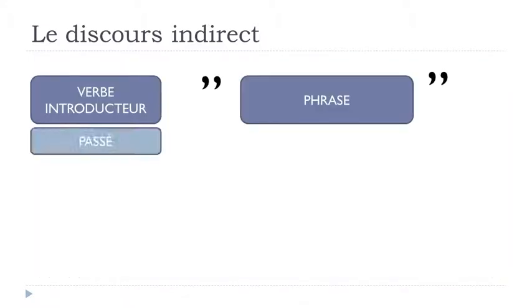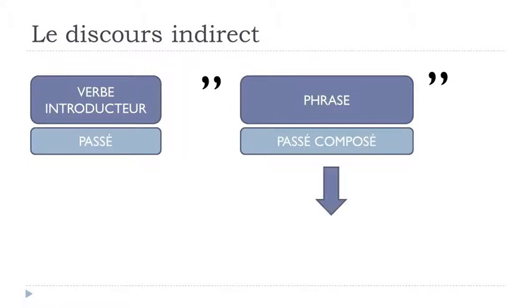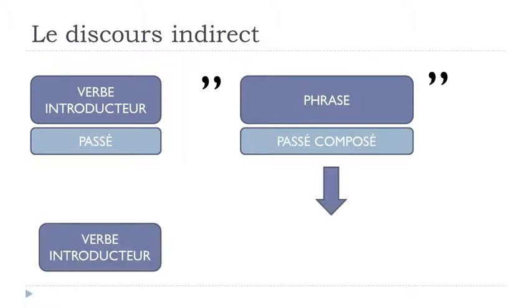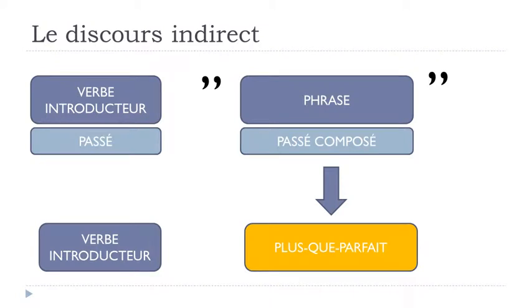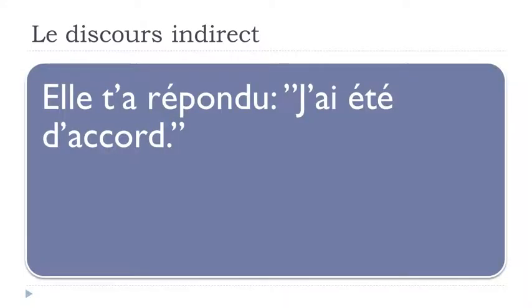How do we do it if we've got, still the same thing, the past in the first part, and in the second part the passé composé? Of course, the first part will stay the same, but this passé composé form will become plus-que-parfait. Let's have a look. Elle t'a répondu, j'ai été d'accord.